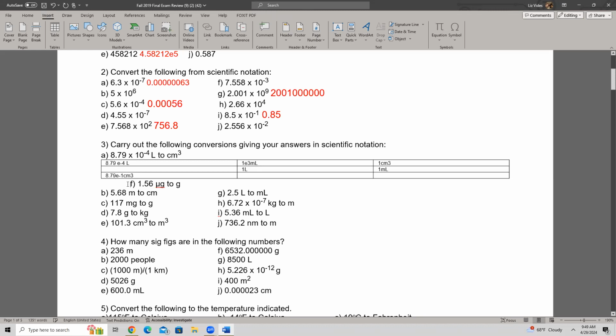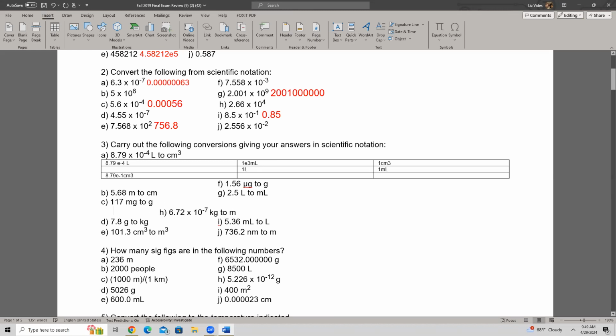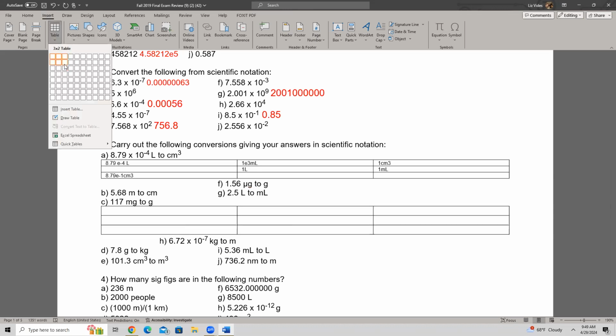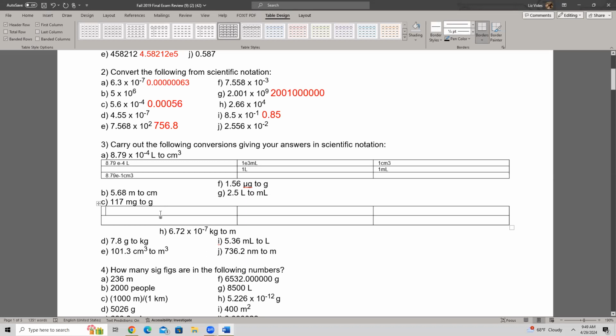All right, let's tap this one down. All right, now C, we're going to do the same thing. I'm going to insert another little table. It's just so that you can see not the scientific, but the dimensional analysis that I'm doing with it.